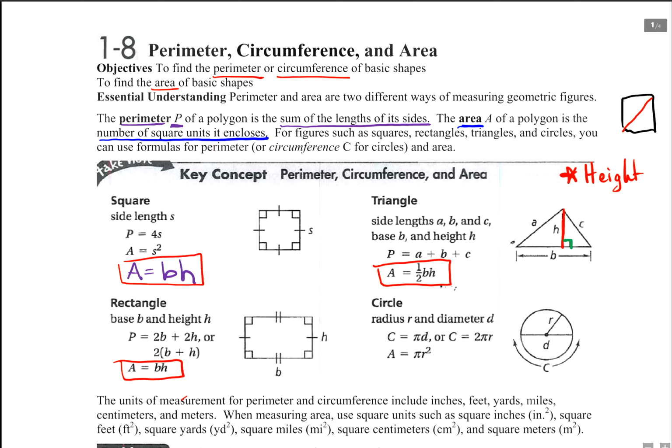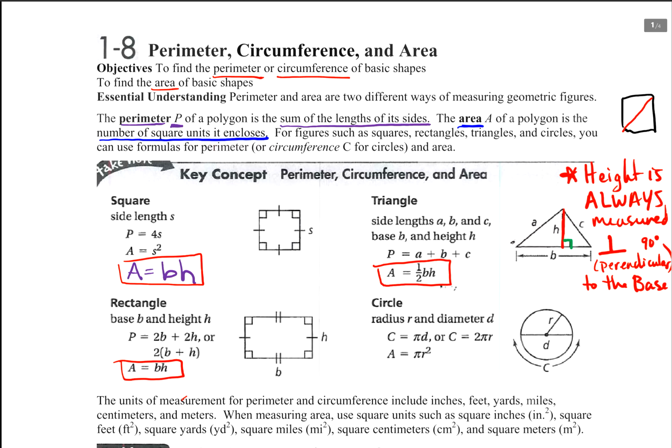Height is always measured perpendicular to the base. Perpendicular means 90 degrees, a right angle. That little mark right there means right angle. Height is always perpendicular to the base.